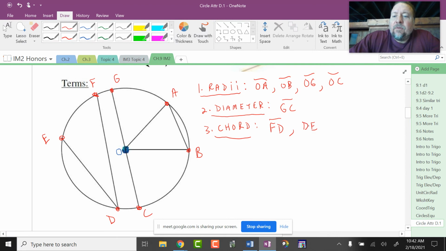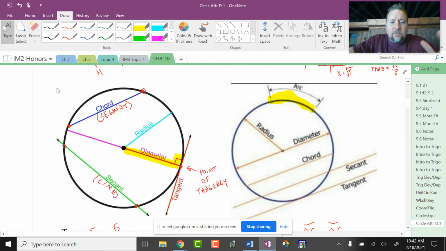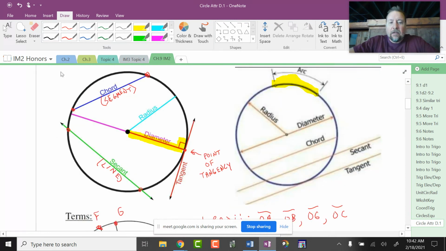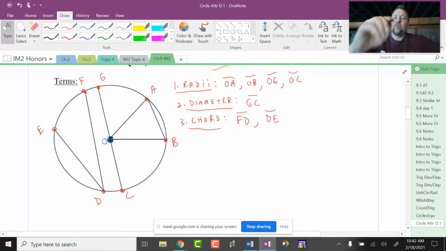Going through definitions, naming, just knowing our stuff. But when we get to arcs, that might be new in how we label stuff. Okay, so we got chords, diameters. We don't really have any secants or tangents because we don't have any lines that go forever. So we'll just leave that alone right now. None of these are secants or tangents, so we're not going to put them in there.